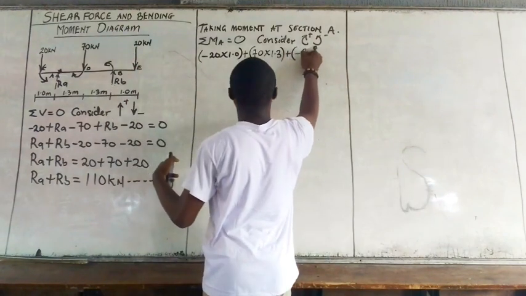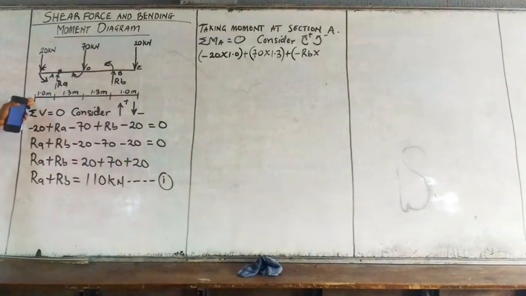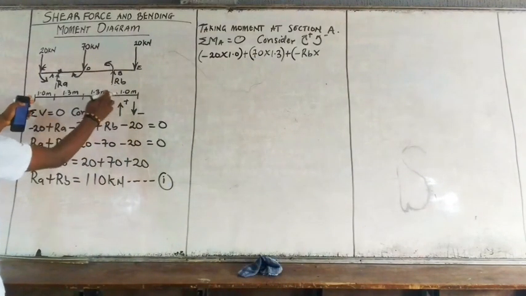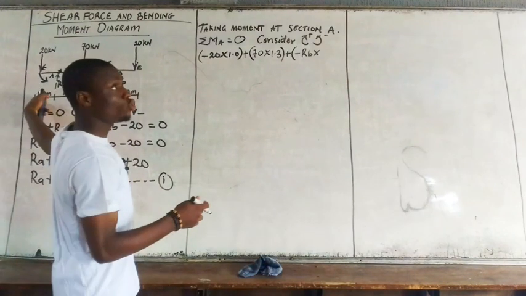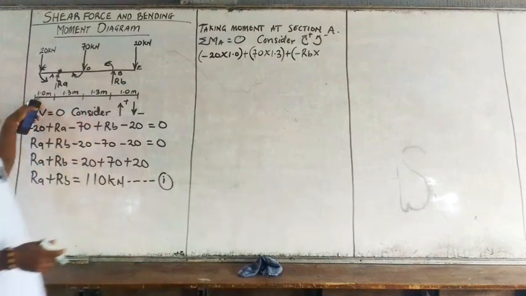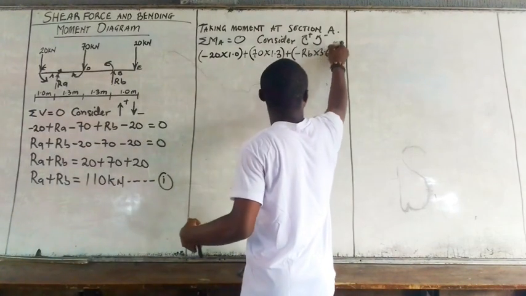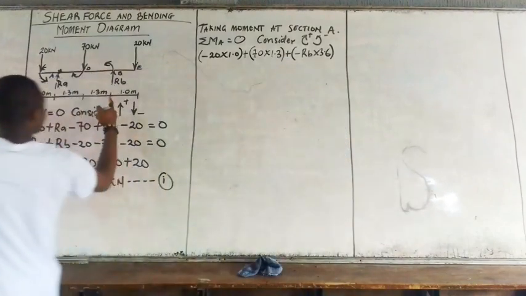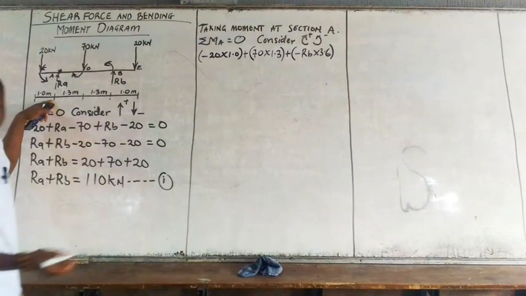Minus RB multiplying the distance from here to here, which is 2.6. Sorry, no. It's not from here to this point, right? It's at this point. So it's 2.6.